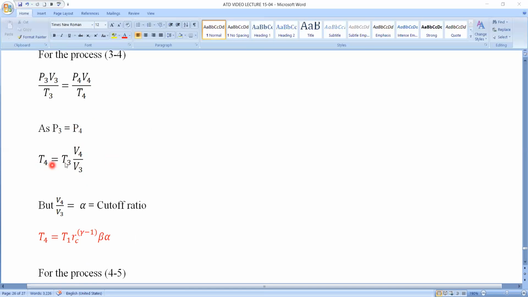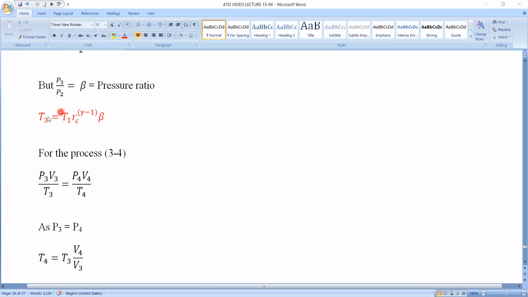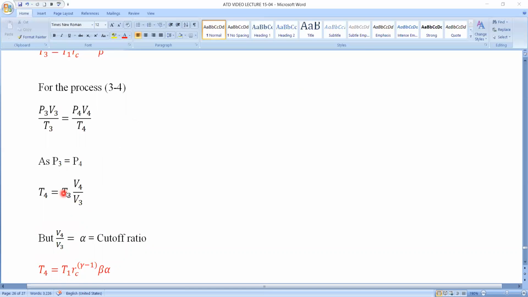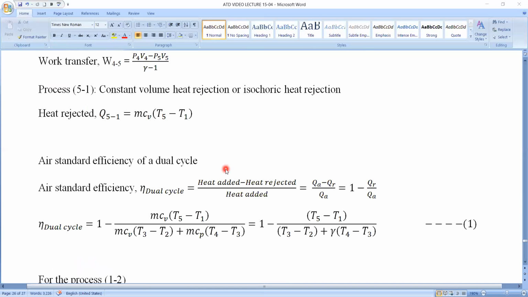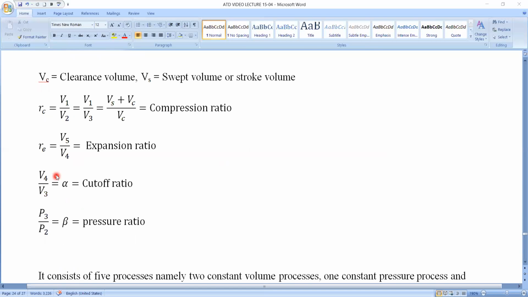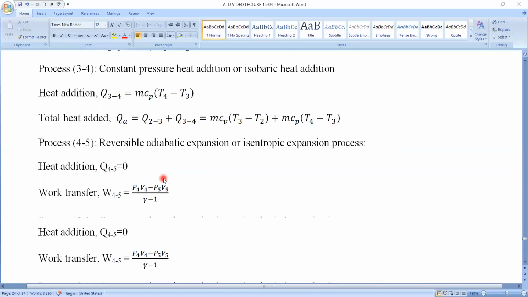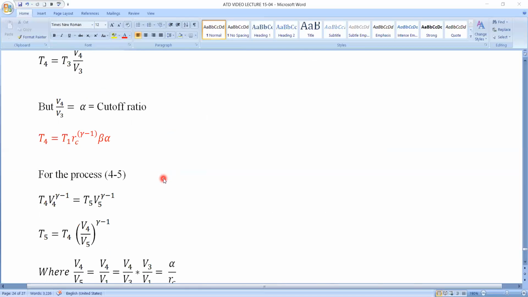Fine. Now we have written T3 in terms of T1. Just substitute T3 in terms of T1 here. Now V4 by V3 is the cutoff ratio, which is designated by the term alpha. So just write T4 equals T1 RC raised to gamma minus 1 into beta into alpha.